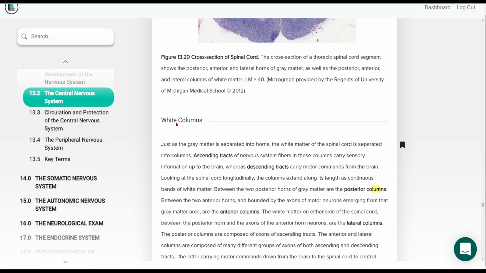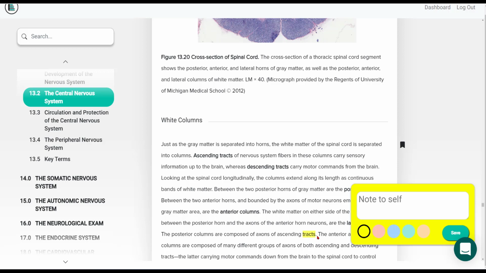So what is going on? In the white columns, it's white because it is primarily axons, right? Traveling up and down the spinal cord. These axons are in groups, and you remember what a group of axons is called? A group of axons in the CNS, remember, is called a tract.